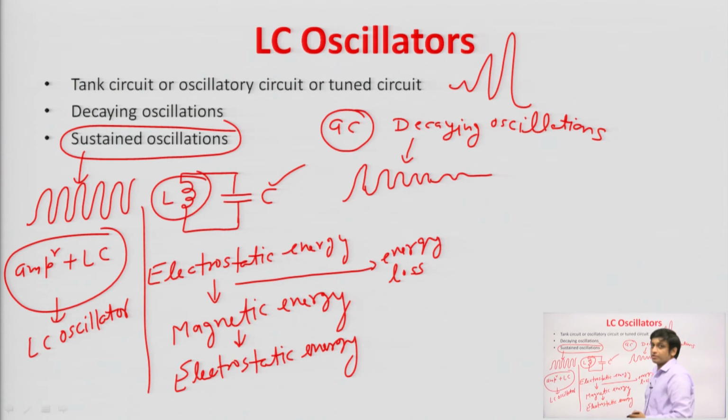Amplifier is very important because energy loss is there, so to combat that energy loss, we need an amplifier. This parallel combination of inductor and capacitor is called a tank circuit. Tank circuit is also called an oscillatory circuit, or a tuned circuit, fine.